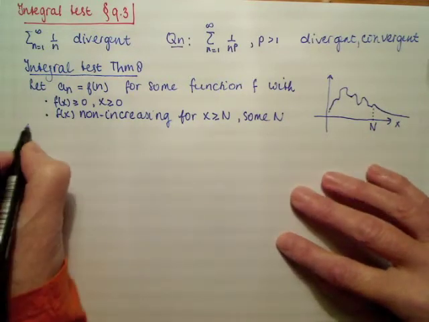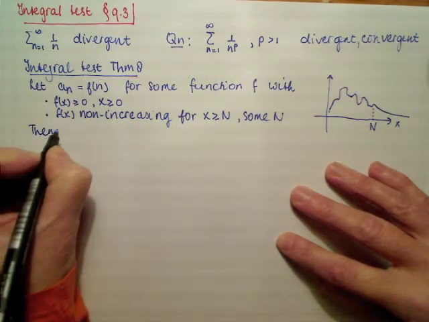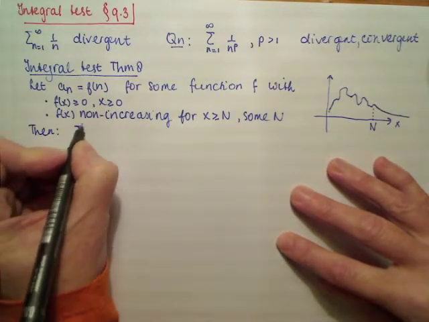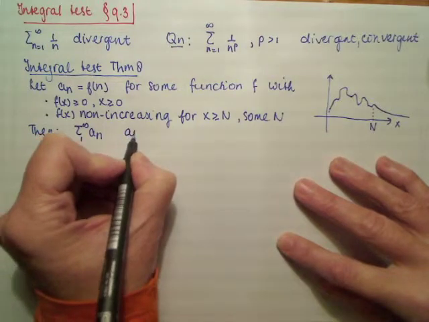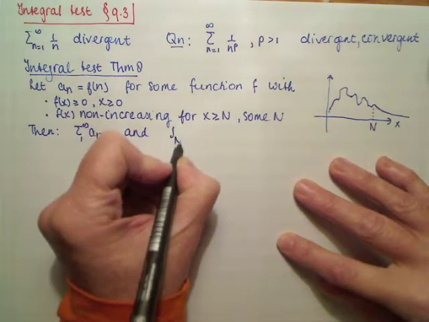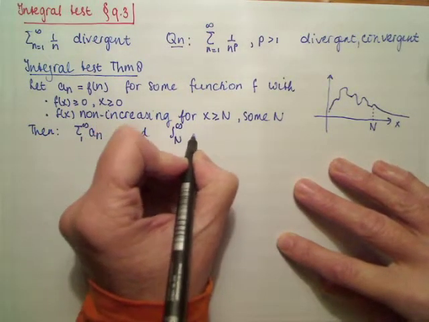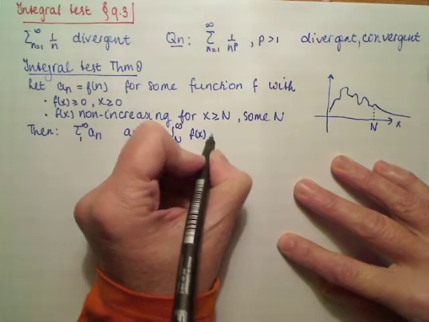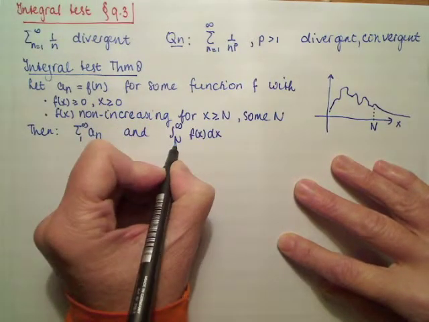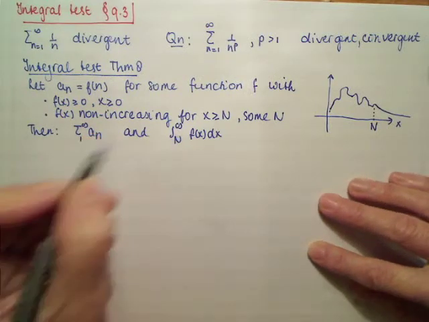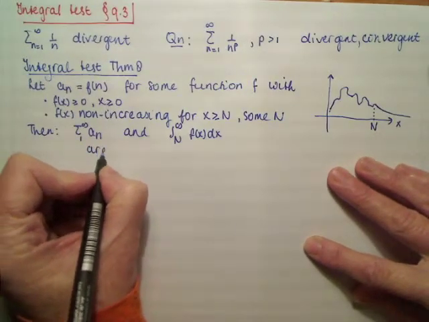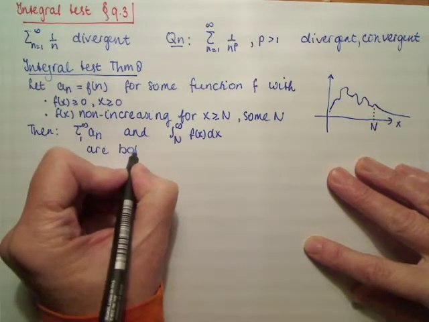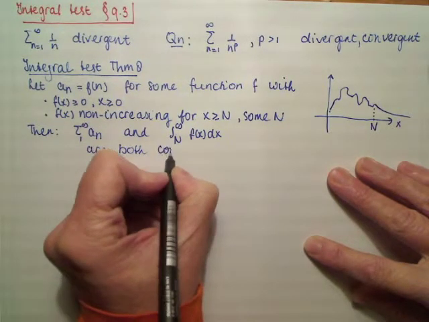Okay, what is the result of the theorem? That the series and the following improper integral of f over the interval from N to infinity, that both these things are either convergent or divergent.